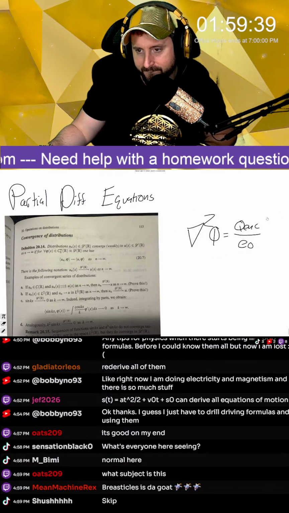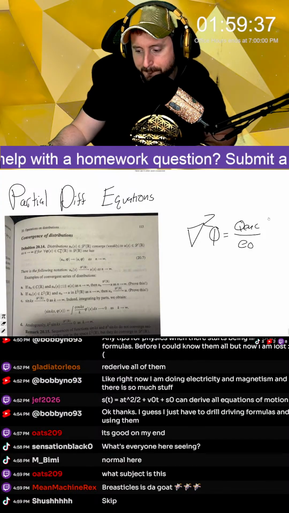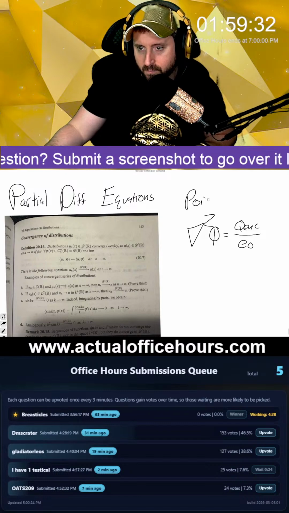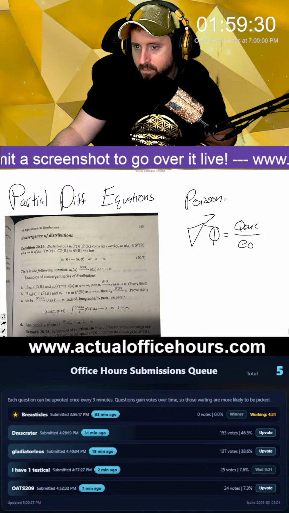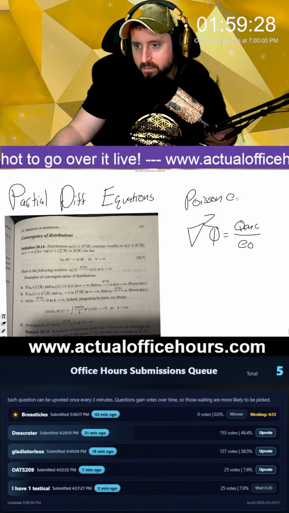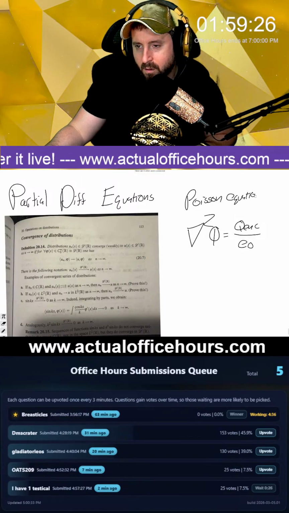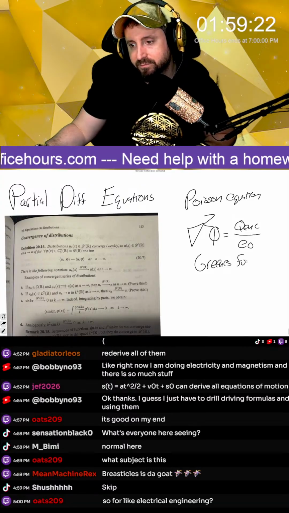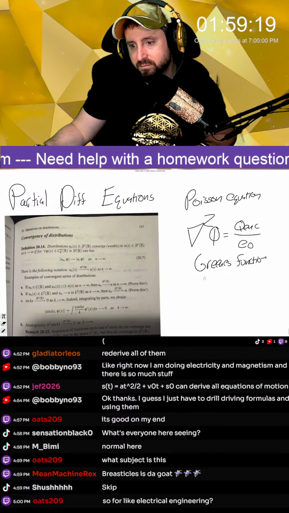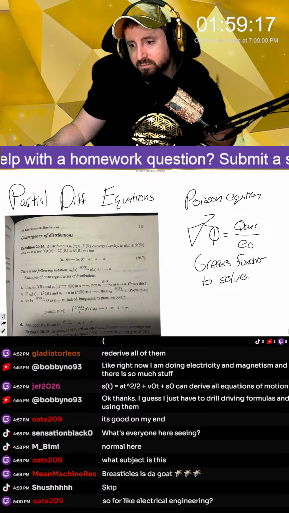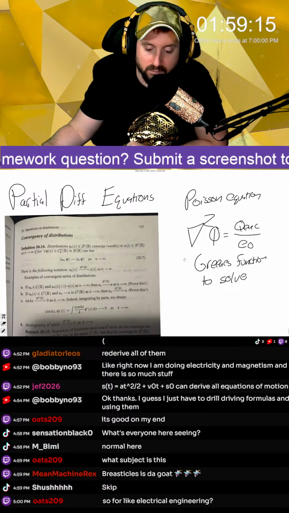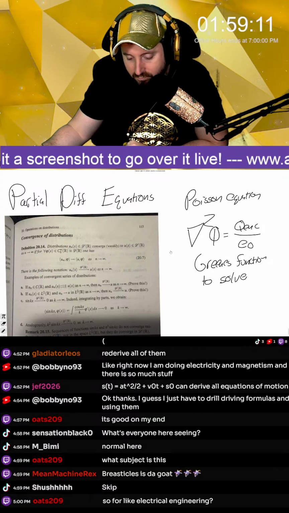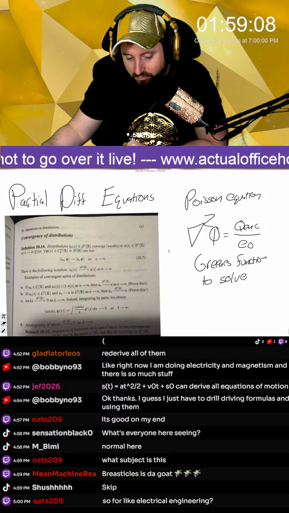Green's functions originally popped up because he was working with the Poisson equation, trying to figure out stuff with a point charge. The whole idea of a Green's function is that you can basically solve a non-homogeneous differential equation by taking a distribution and doing the convolution with your fundamental solution, and that gives you your particular solution.